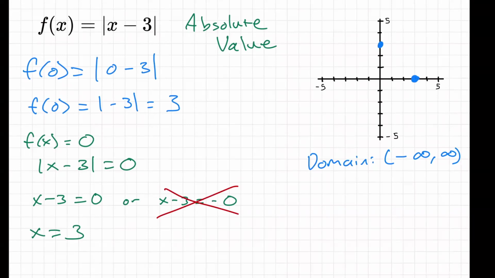Now we've already set the thing equal to 0, so let's focus around that part of it. Okay, let's focus around the x-intercept. With that in place, what we need to do is plug in, say, f of 2 and f of 4, just to see what happens.